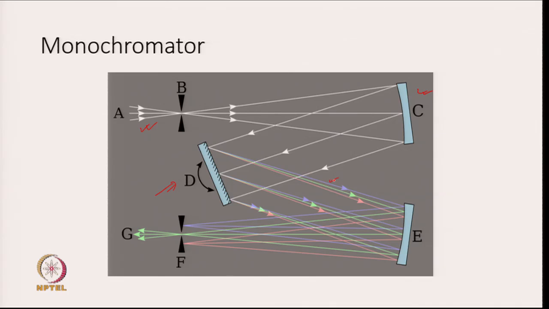For example, let us take all the green color. So, green, green and this is green. All three green colors now come and meet at one point, and this is the way you are able to select a particular wavelength. All this pink one will come at one point, and whatever this color is, violet, comes at one point.